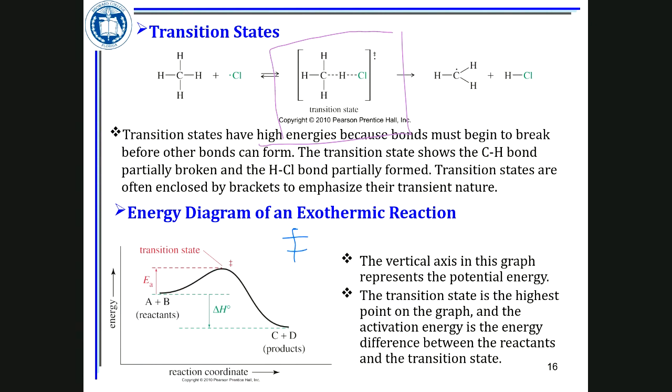So for the value of delta H, this drawing is kind of more neat. You have delta H, the difference between the energy of the reactant and product, and activation energy, between the reactant and transition state. So if a graph is given with just lines, you should be able to add those labels to it.